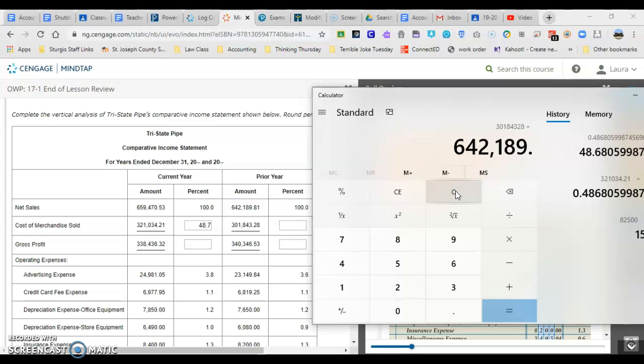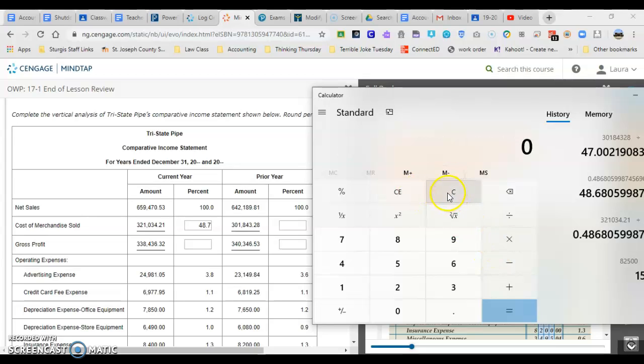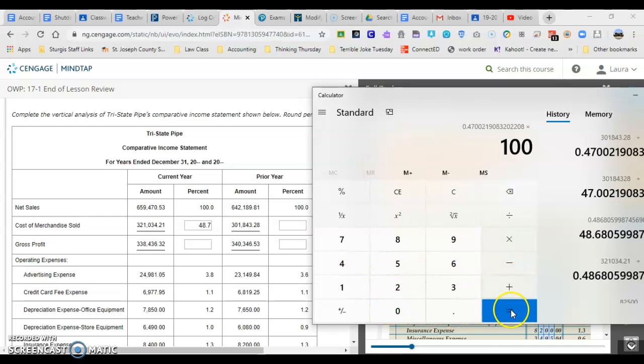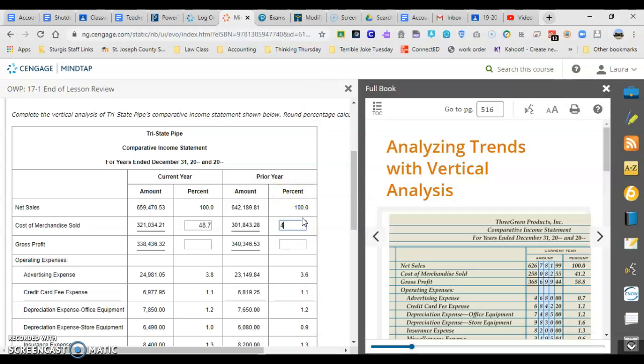I'm going to do the right numbers, I did something wrong here. 301,843.28 divided by the net sales of 642,189.81, then we multiply by 100. So 47.0% here.